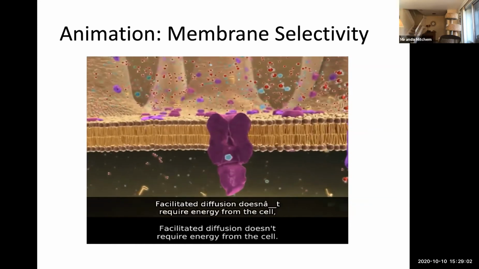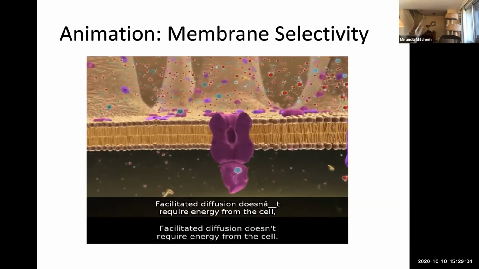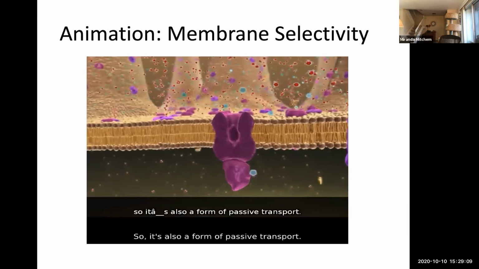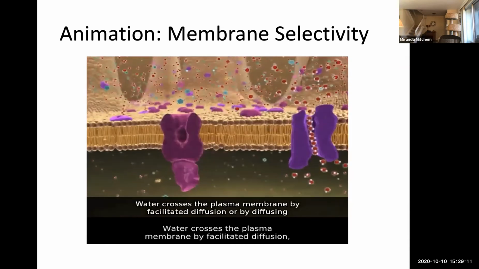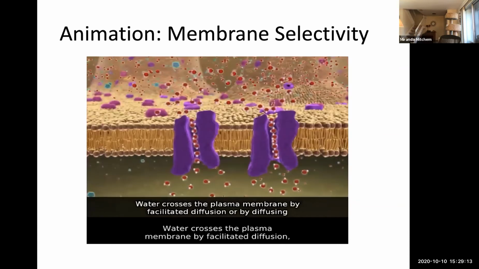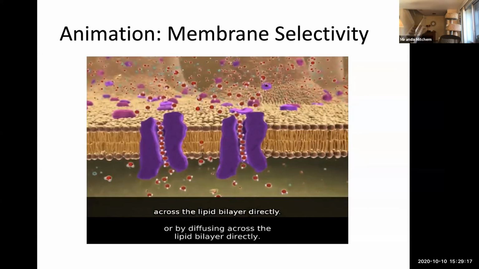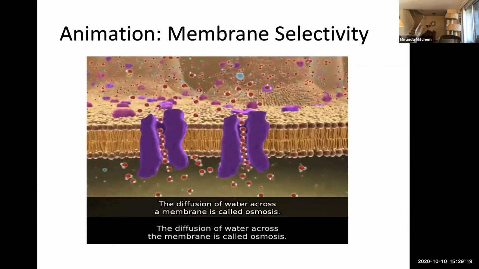Facilitated diffusion doesn't require energy from the cell, so it's also a form of passive transport. Water crosses the plasma membrane by facilitated diffusion, or by diffusing across the lipid bilayer directly. The diffusion of water across a membrane is called osmosis.